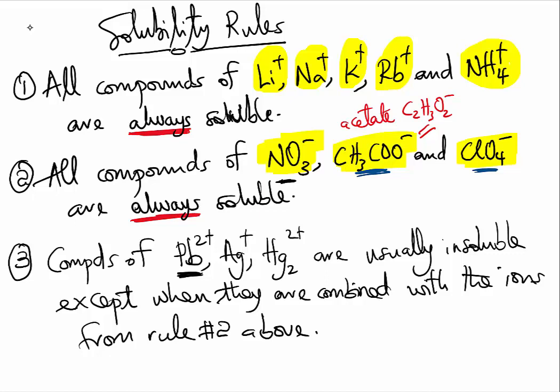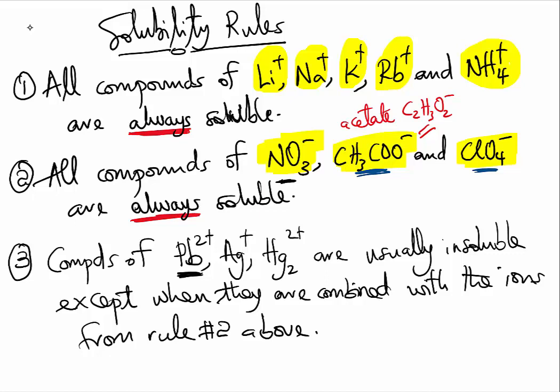For example, lead-2 chloride is not soluble. Lead-2 iodide is not soluble. Also, silver chloride is not soluble. Silver bromide, silver iodide are not soluble compounds.